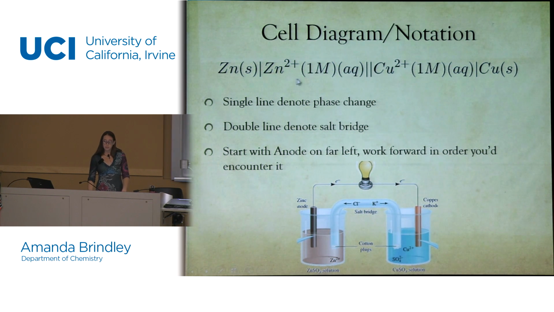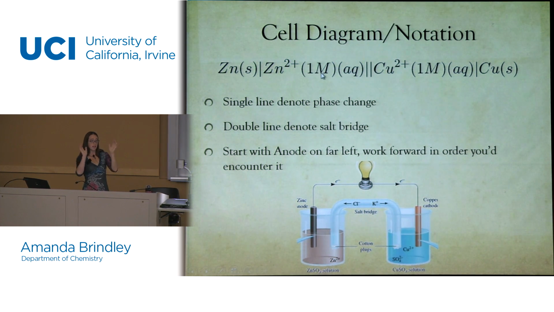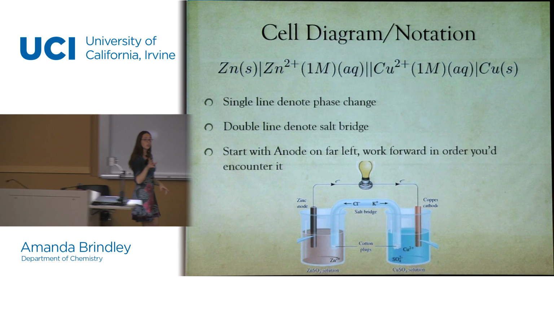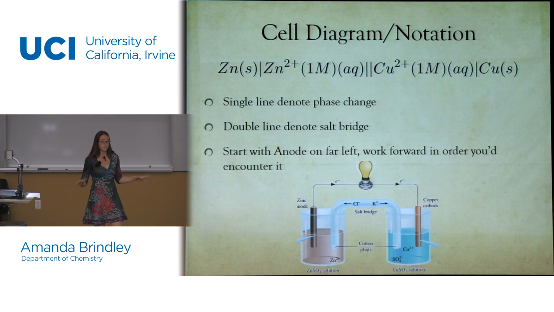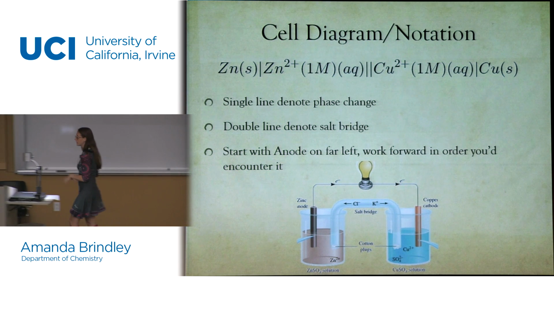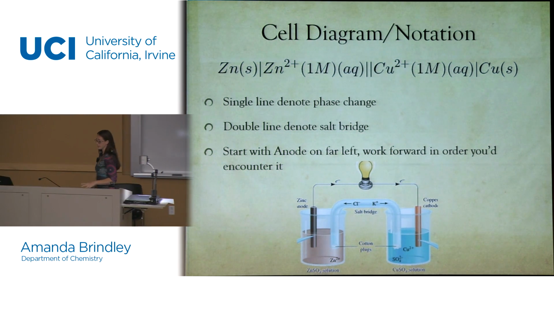Generally, not always, but generally you will write in parentheses the concentration. If it's 1 molar or 1 atmosphere, you don't have to. If it's something else, you probably should. So if you're given a concentration, it's a good idea to stick it in there.